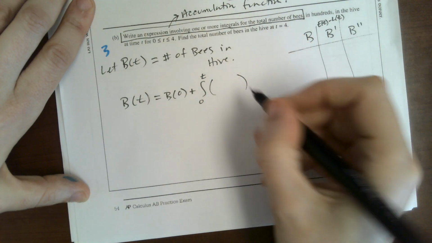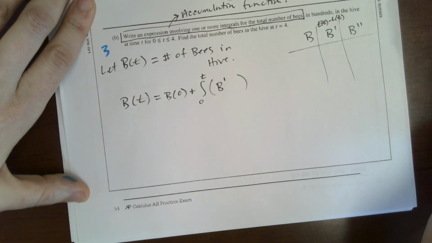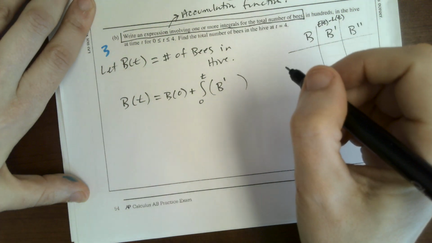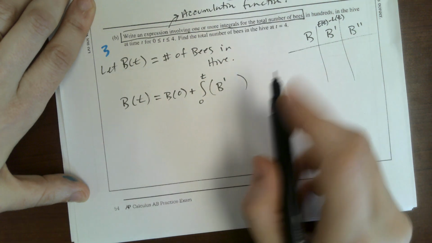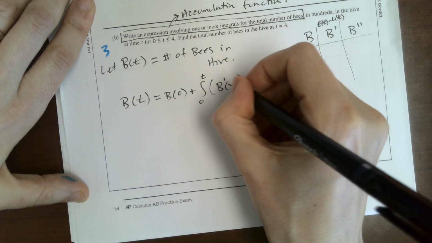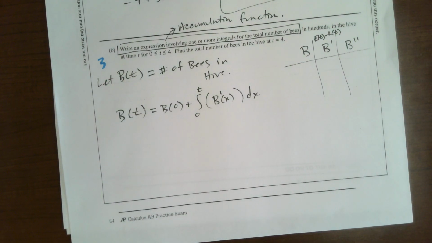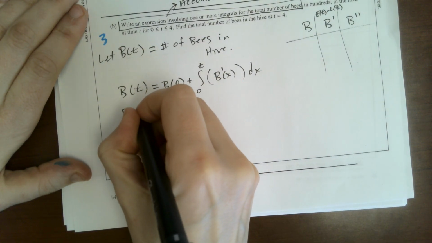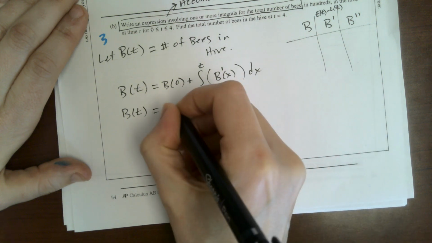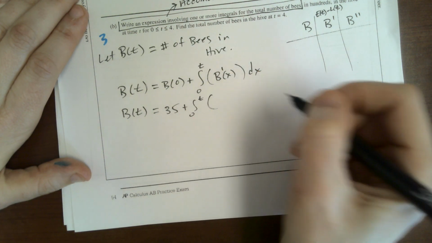And now in here, it's going to be B prime of, not t, guys. You can't use the same variable. This needs to be a dummy variable. They haven't used x, so I'll use x. But you could use any letter. Very nice. Okay, now in the next line, B of t equals 35 plus the integral from 0 to t.